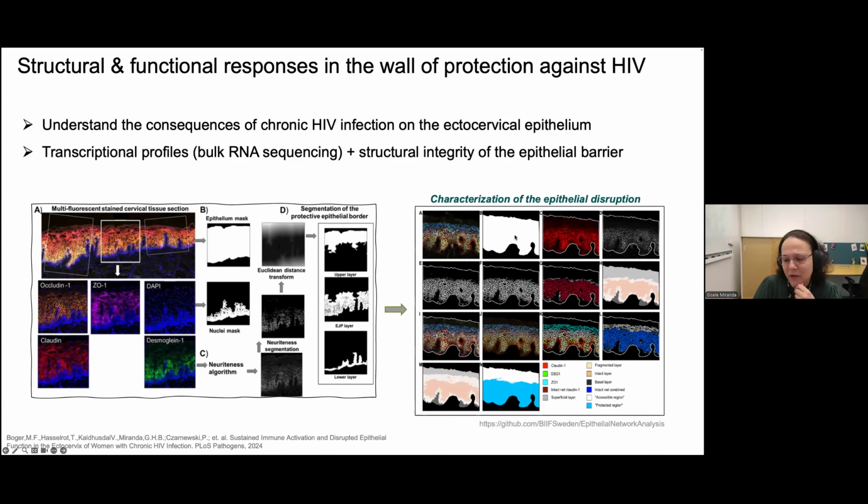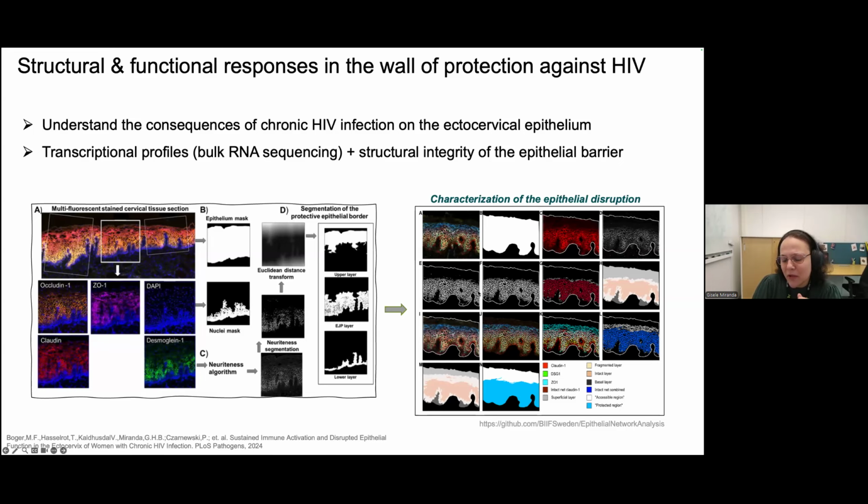And here also just to illustrate. So we go from epithelium. We use this transformation that is able to track these proteins that form like a network. So what happens here is that there's a disruption of the tissue in the presence of HIV. So the height of this layer changes.